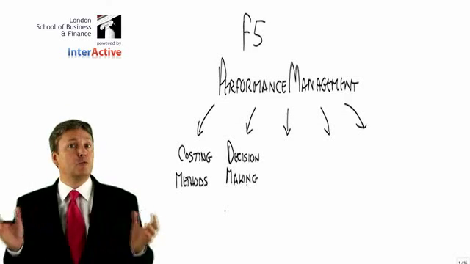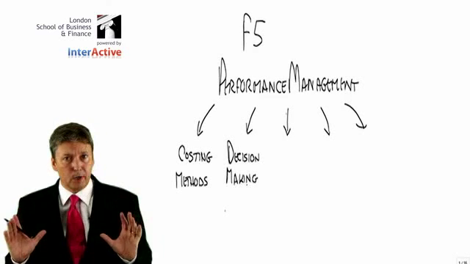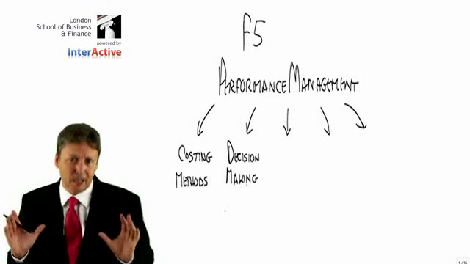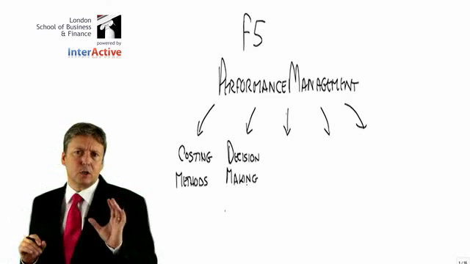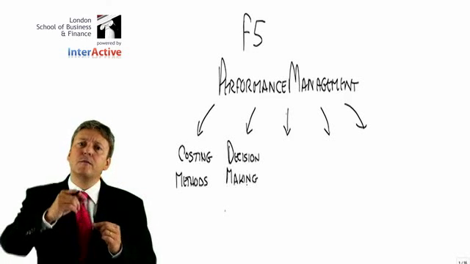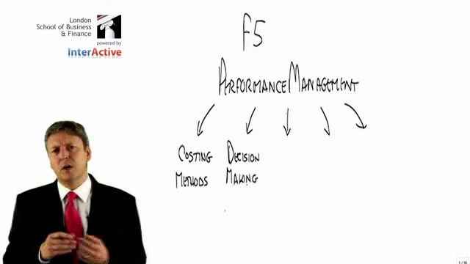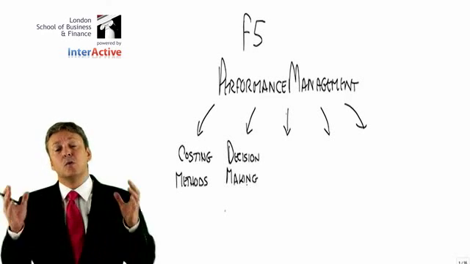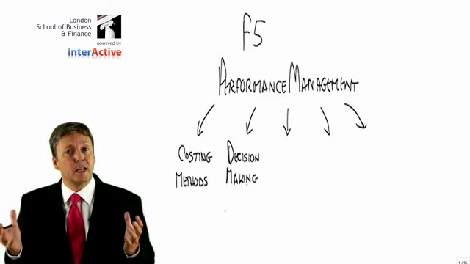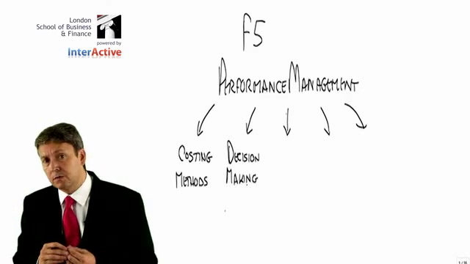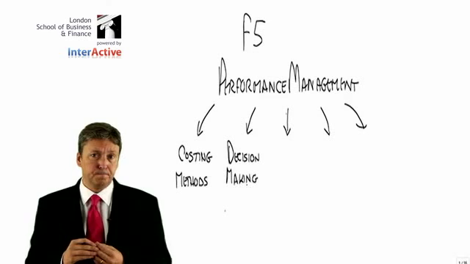So we may take the relevant cost idea, and don't worry, we're going to start from the very beginning. We may take the relevant cost idea somewhat further. We may introduce uncertainty. We may look at pricing. But in essence, all we're doing is the same basic decision-making that a lot of you have already seen.